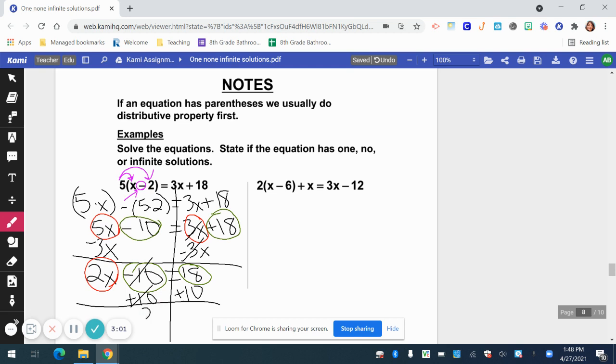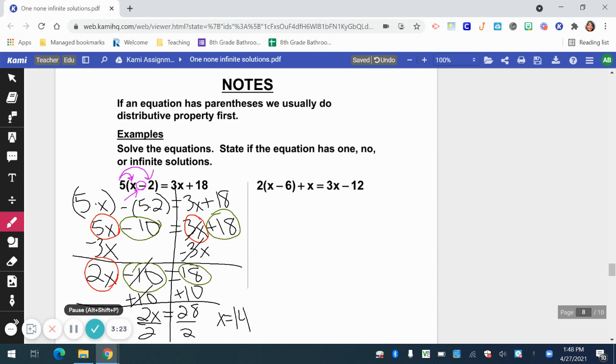Those cancel each other out. That leaves me with 2x equals 10 plus 18 is 28. Now I have to divide both sides of the equation by 2, and that is going to give us x equals 14.